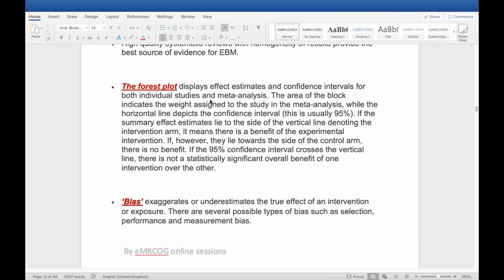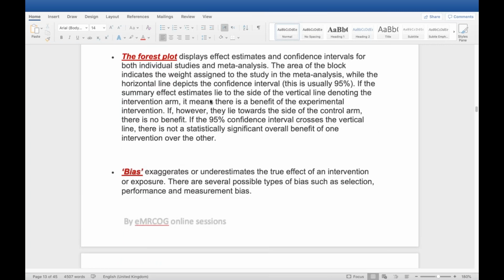And that's how confident we are. I've just mixed the numbers up, haven't I? So we are 95% confident that chemotherapy will give you survival between 5 and 6 years with a median of 5, and 95% confident that surgery will give you 5 to 7 years with a median of 6.